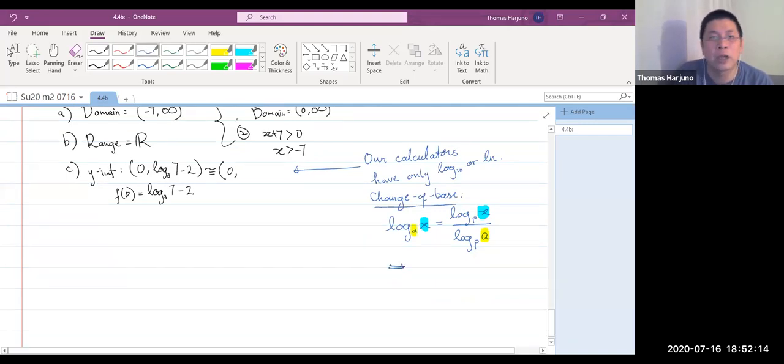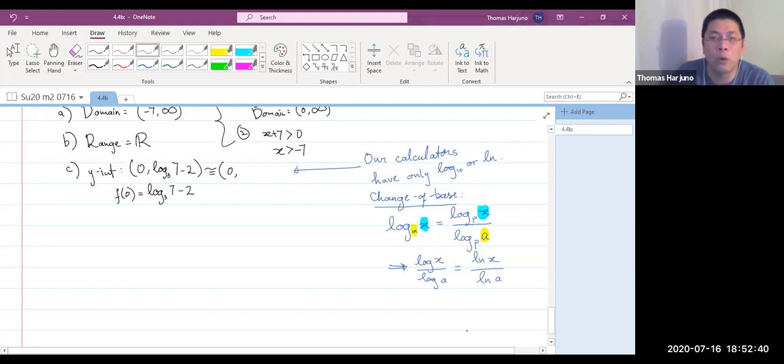Now this p can be anything, and because of that flexibility, you can use base 10 or base e. You can use log x over log a, which will always be the same as natural log of x over natural log of a. Natural log of a and log base 10 of a are different, but this ratio will always be the same.